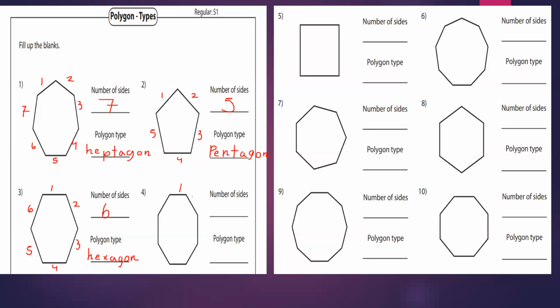Yes, sir. 1, 2, 3, 4, 5, 6, 7, 8. So the number of sides is 8, and this is an octagon. O-C-T-A-G-O-N.